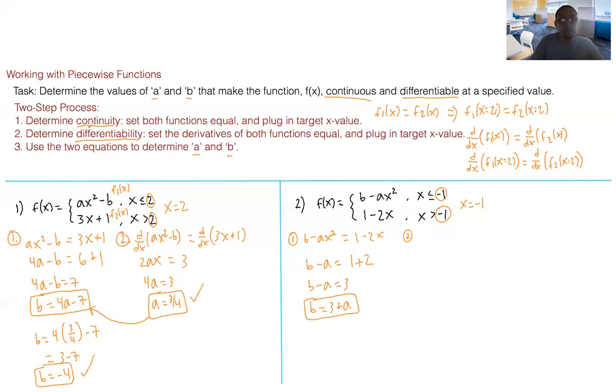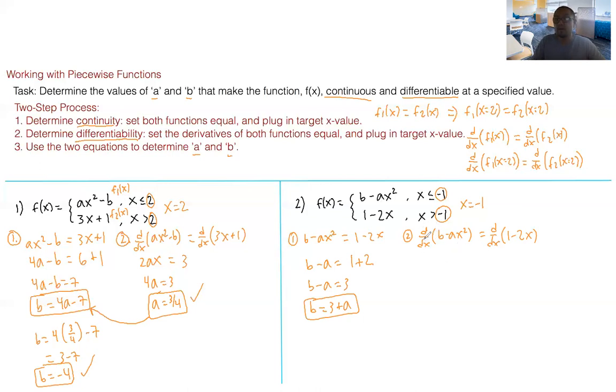So number 2, let's consider differentiability, or it being differentiable. And so let's set the derivative of the first one, b minus ax squared, equal to the derivative of the second one, 1 minus 2x, right? So again, the derivative is applied to every term in our equations.